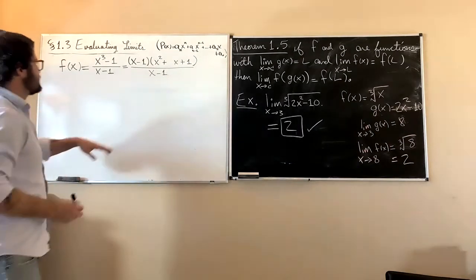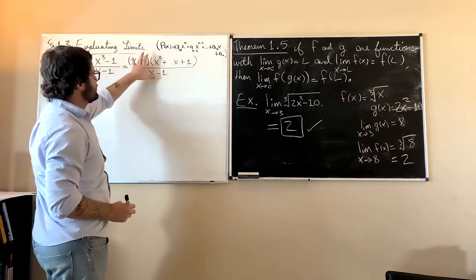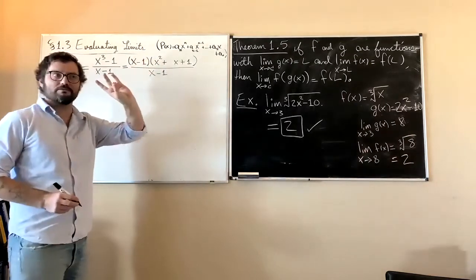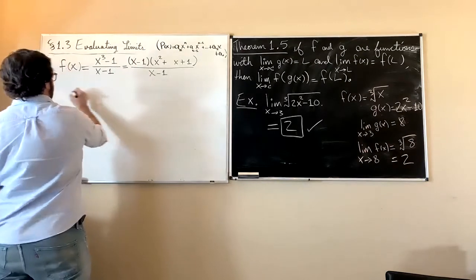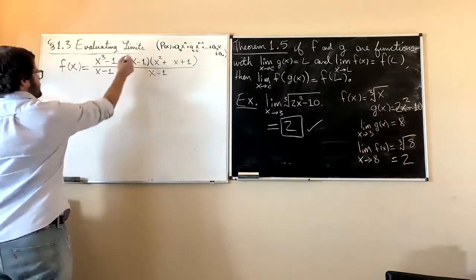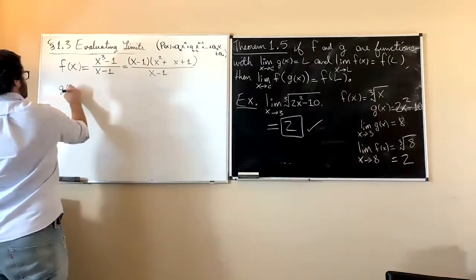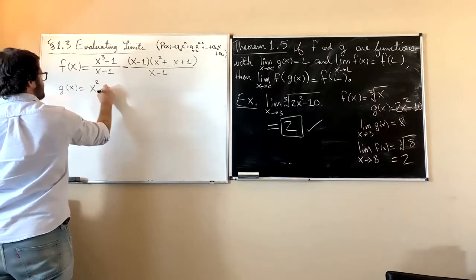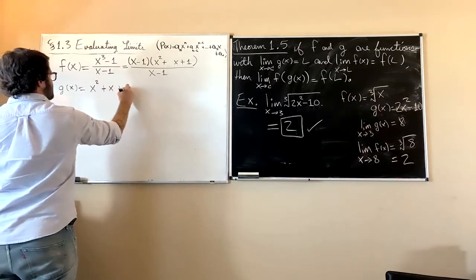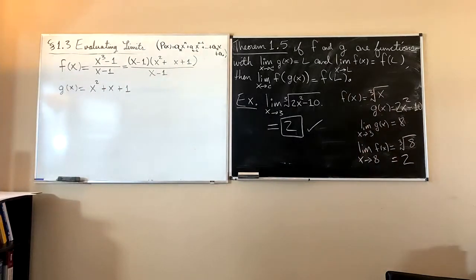But then notice that x minus 1 divided by x minus 1, that is just a 1, right? So we can say that when you divide out, you get a new function, call it g of x, which is equal to this function here.